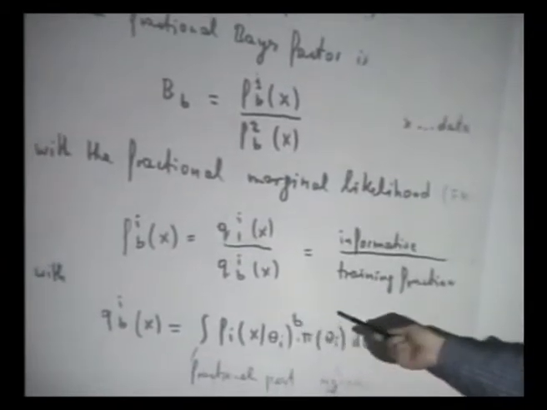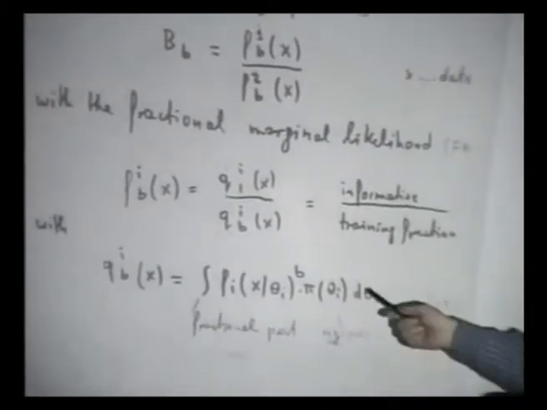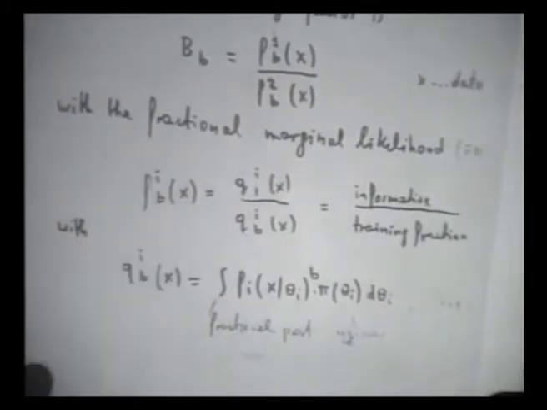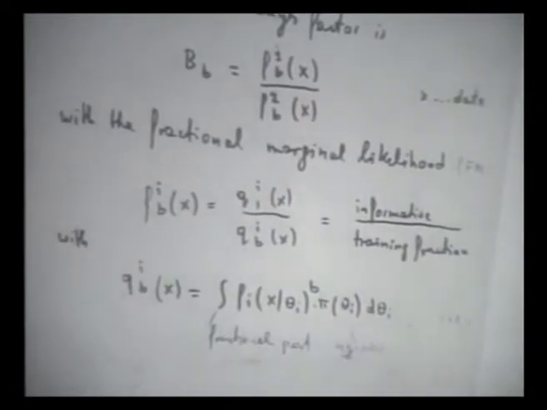But this has the disadvantage that it cannot be interpreted as a proper Bayes factor. It will lead to contradictions. But doing it for a fraction of your likelihood leads to a proper posterior distribution, a proper Bayes factor in this way. And so this is some kind of trick, isn't it?